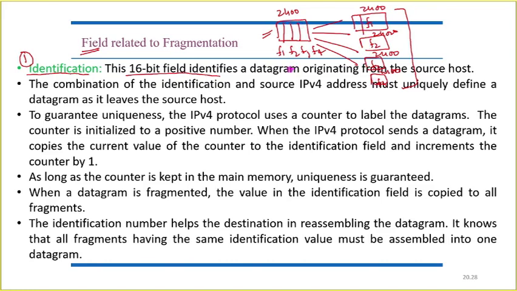For some other packet, the next packet, this value will be incremented by 1. So that will be the identification value for the other packet. Since it is 16-bit, the total possible datagrams or packets it can name uniquely is 2 to the power 16.